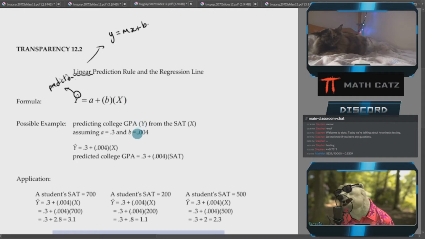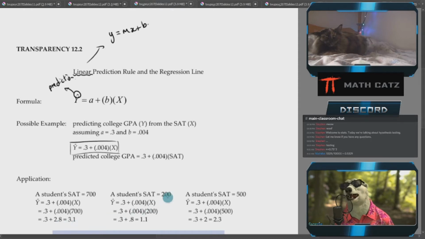So we have a possible example, many examples, but one possible example for the a and the b value: a could be 0.3, b could be 0.004, and then I have my formula over there to use to predict a college GPA given the SAT score. So if a student's SAT score is 700, I plug that in, I get a predicted GPA of 3.1.